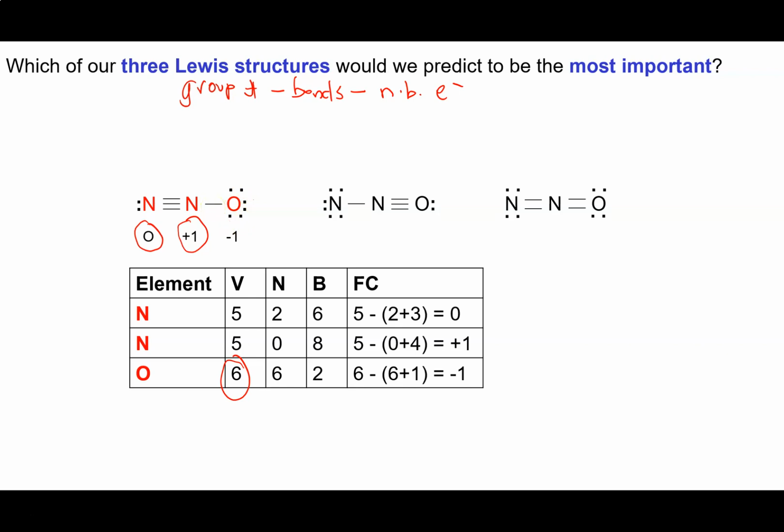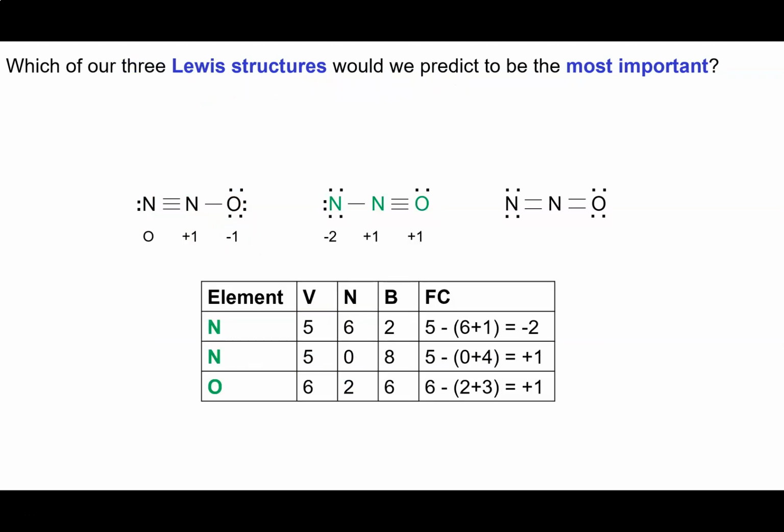So 6 minus 7 gives me a formal charge of minus 1. Okay. So you can kind of go through it, but just keep in mind you can see pretty clearly here that your bonding electrons divided by 2 is just equal to your number of bonds in your structure, your number of lines in your molecule. All right, let's move on to the next one.